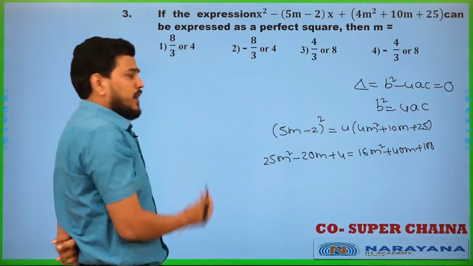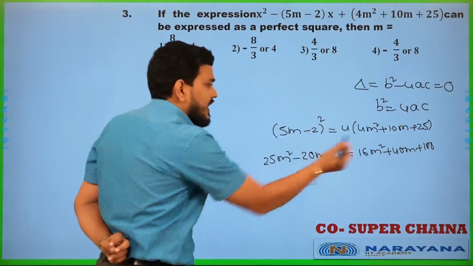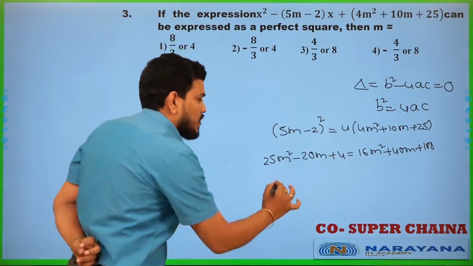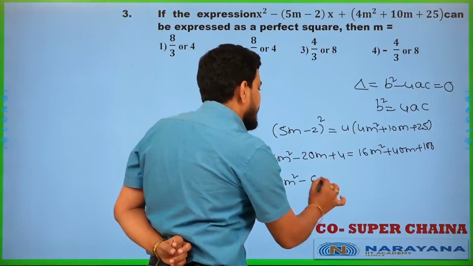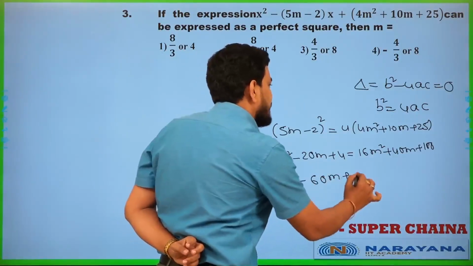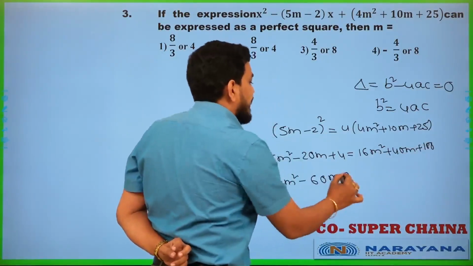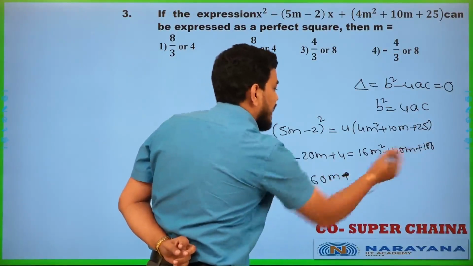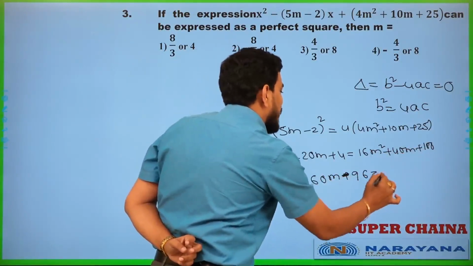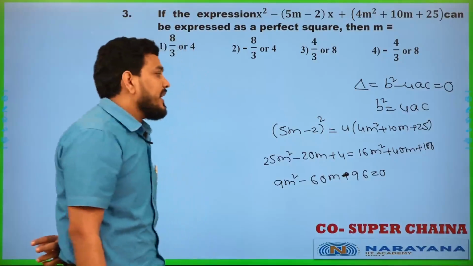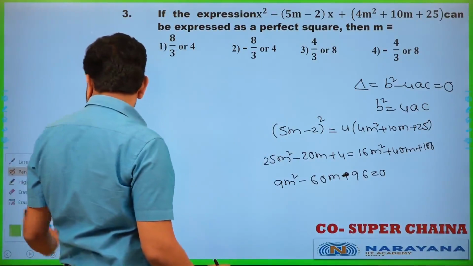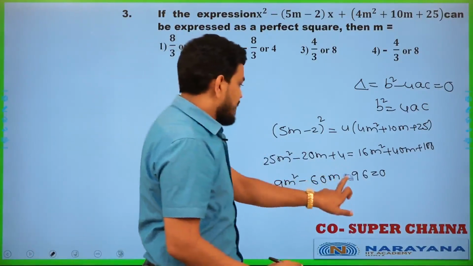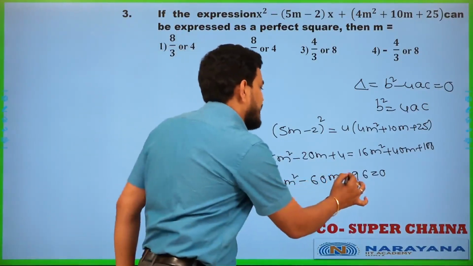You transfer that to the left side, 25m square minus 16m square, it will be 9m square minus 60m, here it is minus 96 is equal to 0. Let me erase this portion, it's a minus 96.